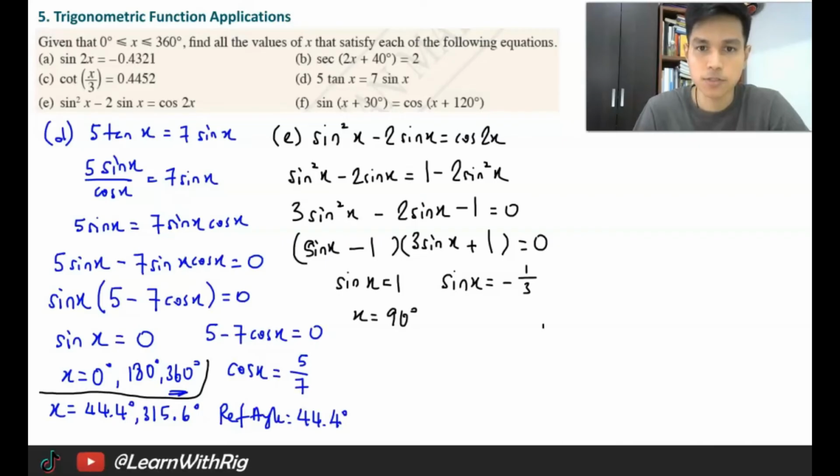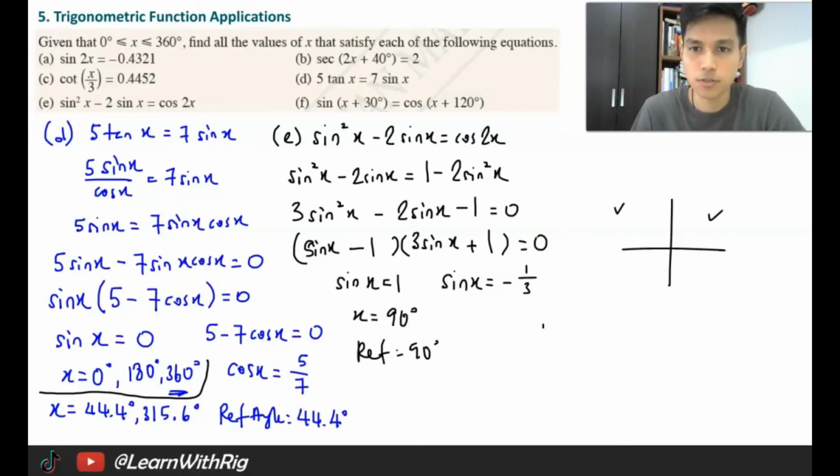Why? Because sine x equals to 1 is positive, right? So positive means your reference angle should be 90 degree. So it's in quadrant 1 and quadrant 2 because it's positive.